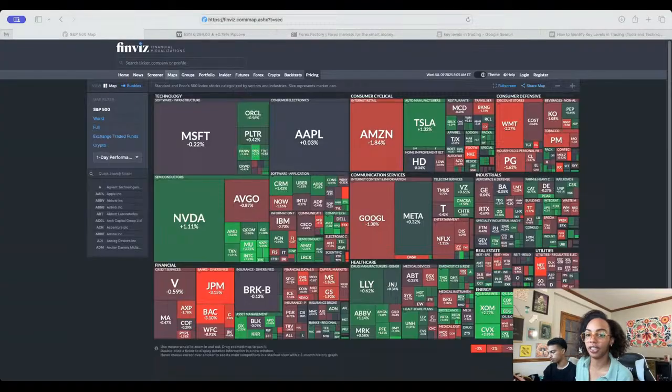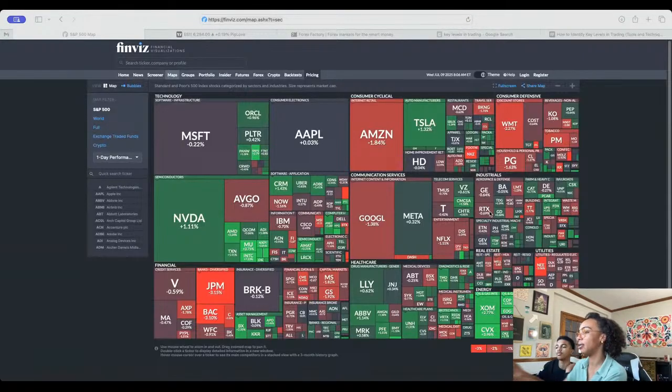Alrighty, so this is a visual snapshot of the S&P 500. What are we looking like? What's the bias looking like today? So the S&P 500, that's what we trade. It's an index of 500 different stocks. So Microsoft, Apple, Amazon, Tesla.